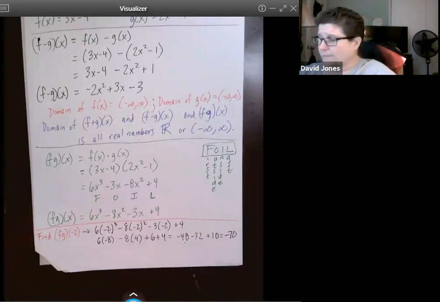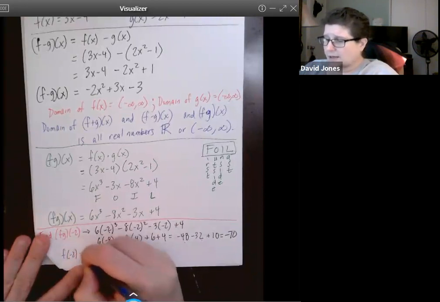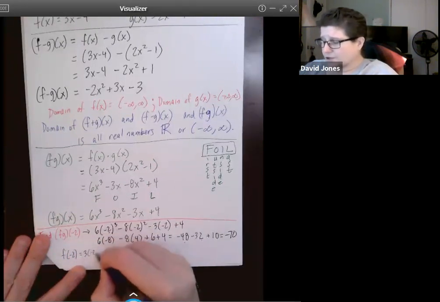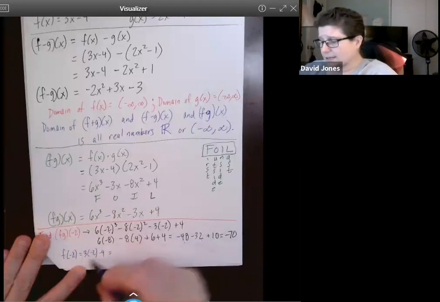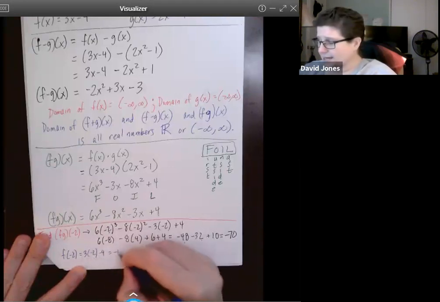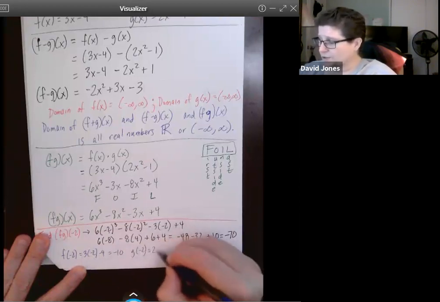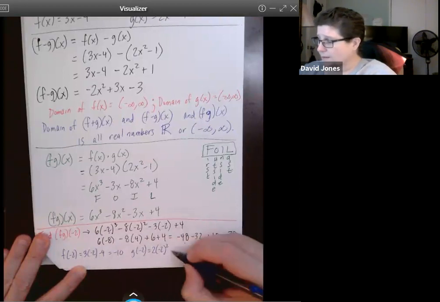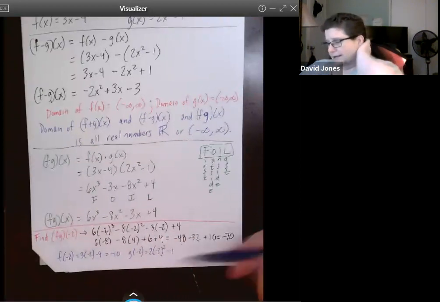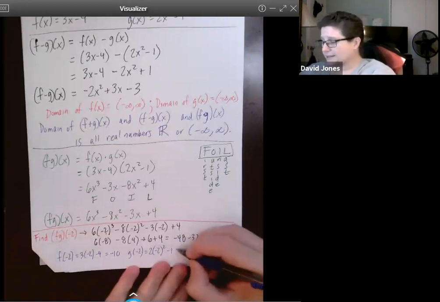Alternatively, you could have gone back and done f of -2 is 3 times -2 minus 4, which is -6 minus 4, is -10. G of -2 is 2 times -2 squared minus 1. -2 squared is 4 times 2 is 8 minus 1 is 7.